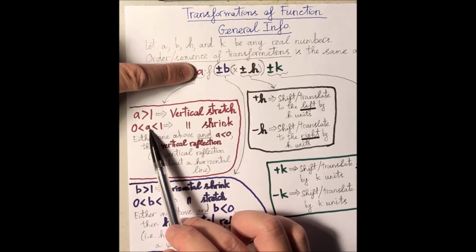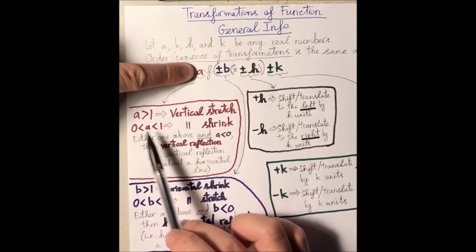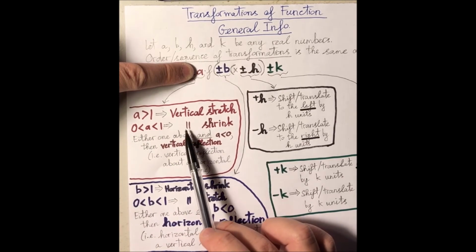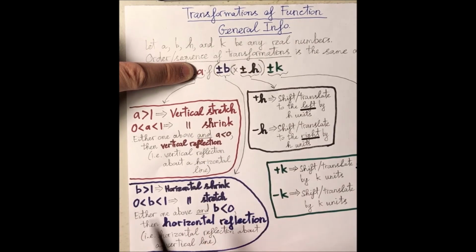If your number lowercase a is strictly between 0 and 1, then it is going to represent the vertical shrink, or it's also known as the vertical compression.